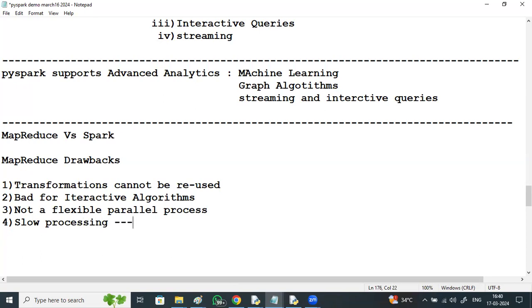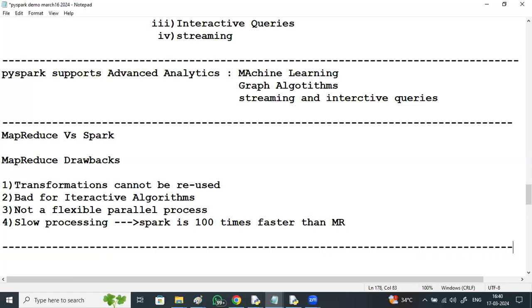Slow processing means Spark is 100 times faster than MR or Hadoop. So these are the drawbacks of MapReduce, that is Hadoop, as compared with Spark.